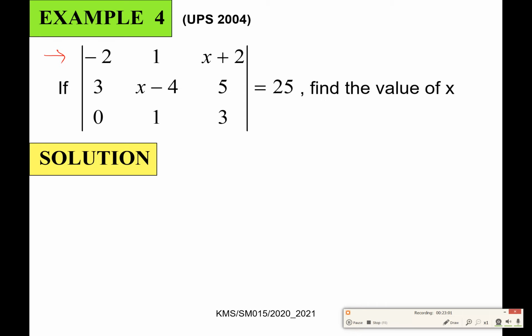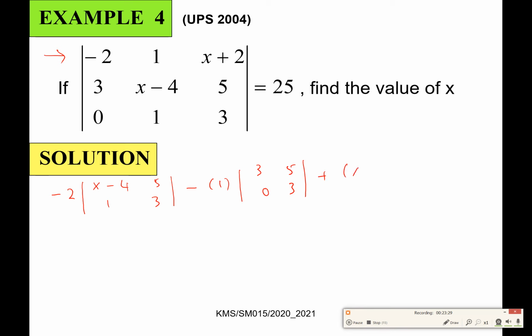So here is negative 2. So this is x. Okay, first row is x minus 4, 5, 1, 3. So if this is minus, of course this is minus 1. And then this is 3, 5, 0, 3. Just observe from this matrix, plus.